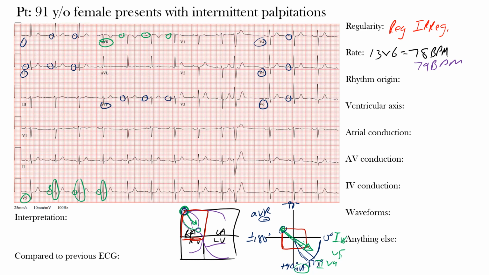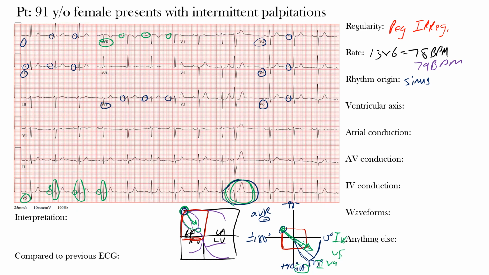And if you went throughout this whole thing, you would see that there's a P wave always preceding a QRS complex, except in this area here, and we'll talk about that complex shortly. So what we can say here is we do in fact have sinus rhythm. So the rhythm origin is from the sinus node. So sinus rhythm, except in this area, that we'll leave for a discussion later.